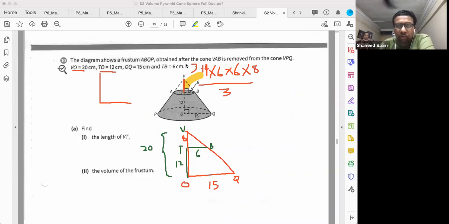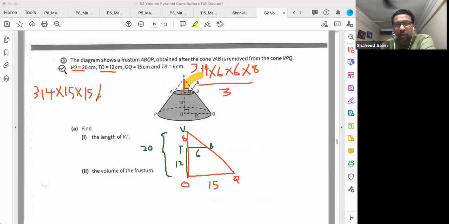The whole cone, you can do it, right? Come, can you all try? I'll write it down for you here: 3.14 times radius times radius, 15 times 15, times the height.